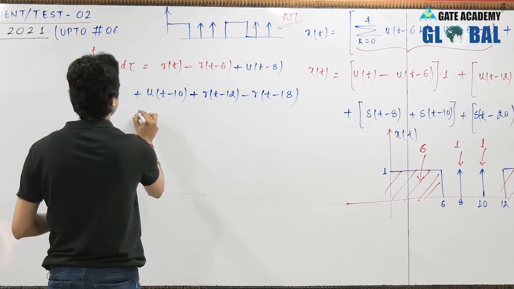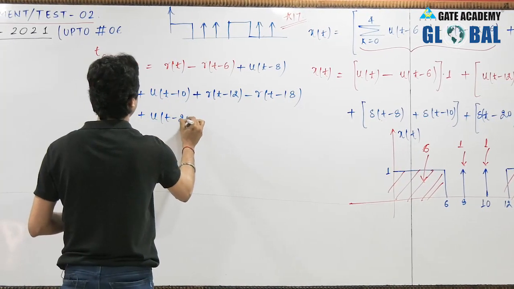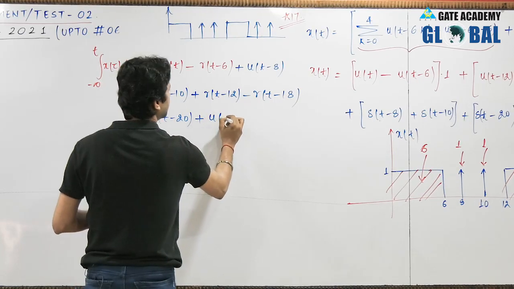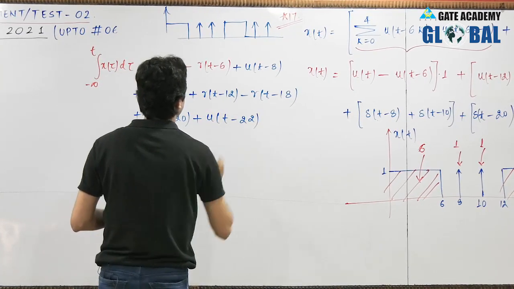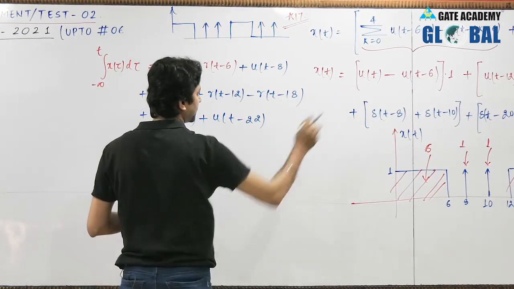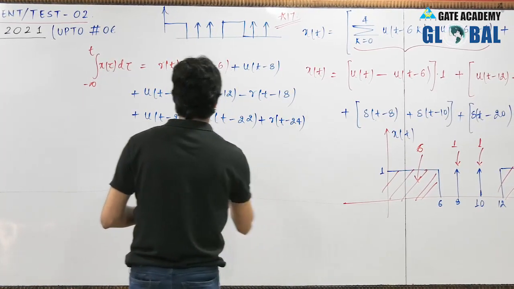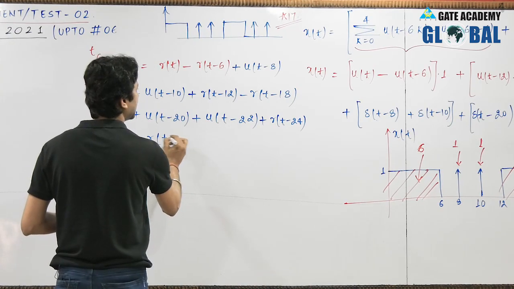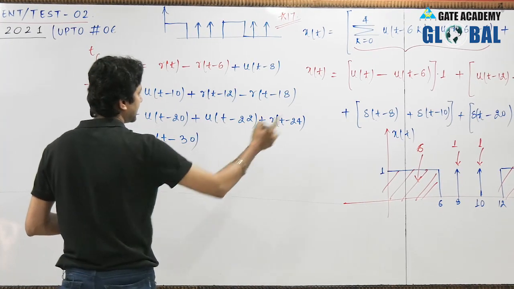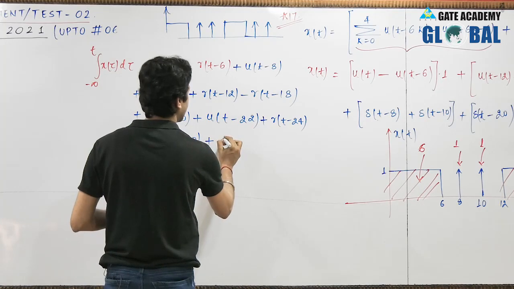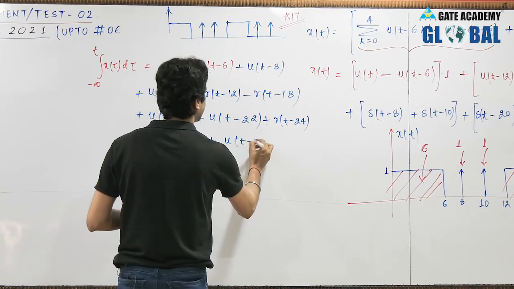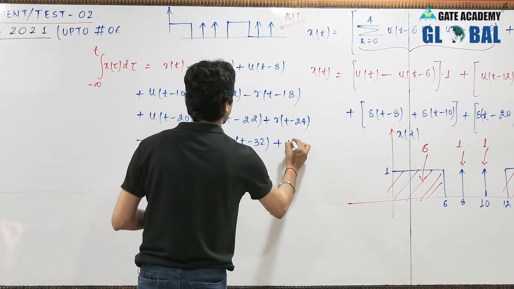Then you will have plus u of t minus 20 and plus u of t minus 22. Then the next term will be the integration of step, that is r of t minus 24 minus r of t minus 30, and next for impulses the integration will be u of t minus 32 and plus u of t minus 34.